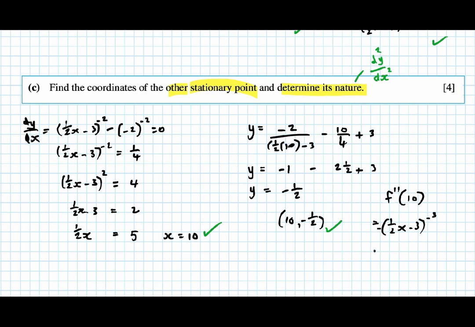So, yeah, minus half, so half times 10 is 5. So minus 5 minus 3, 5 minus 3 is going to be minus 2 anyway. So it's definitely going to be less than 0. Just look at the exponent as well. So if it's less than 0 on the second derivative, you're going to have a maximum.